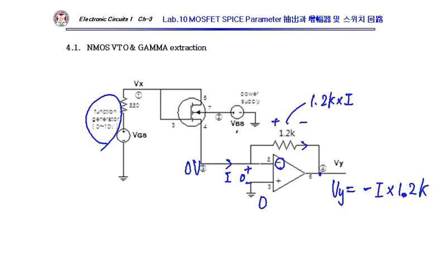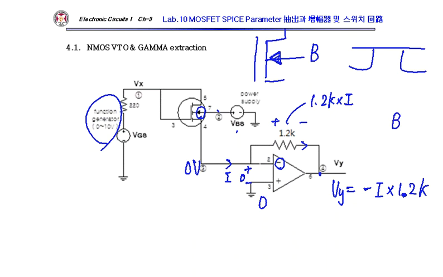I have this bulk here. You can see this is NMOS. Look at this arrow. This arrow represents the bulk, which is P-type, PN junction, with those being source and drain.